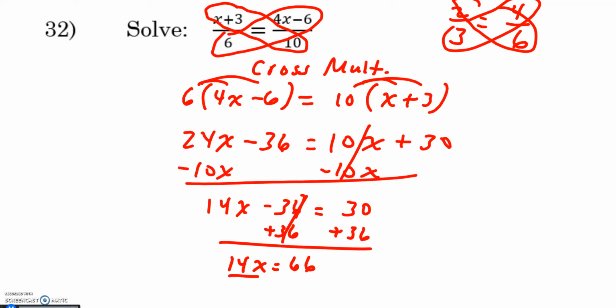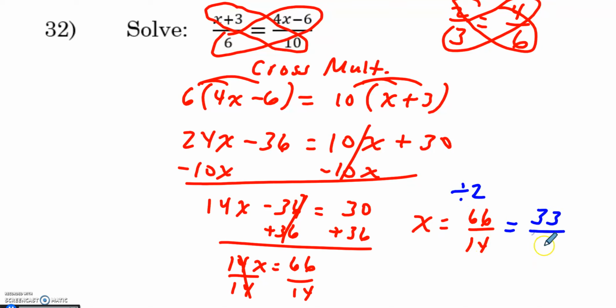Then if I divide both sides by 14, I don't think 14 goes in evenly, but we could leave our answer as 66/14 and then reduce. Because both of these numbers are even, we can divide both by 2, and if I do so, that would be 33/7 as my final answer for x.